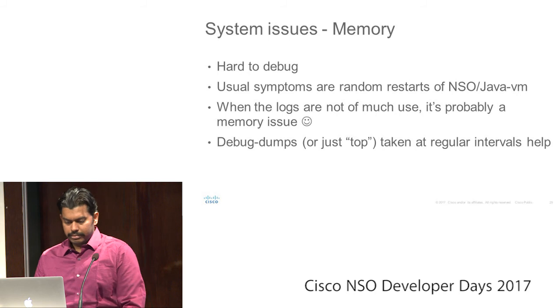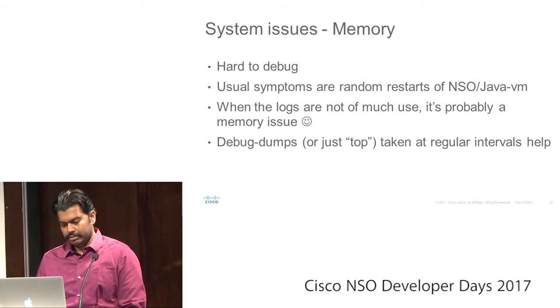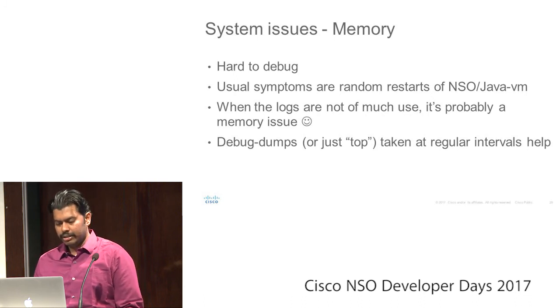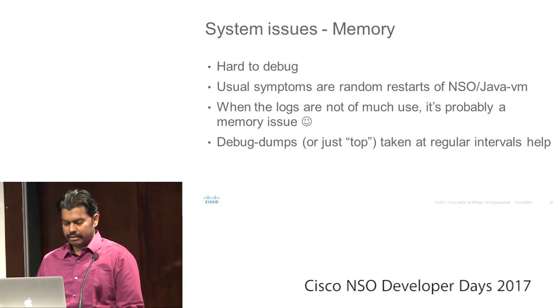And then lastly, from some system issues, memory issues are usually hard to debug. And when you have looked at all the logs and you haven't gotten very much information, it's probably a memory issue. And you can know that the memory is the problem, or kind of related here, by random restarts of NSO or random restarts of the Java VM and so on.